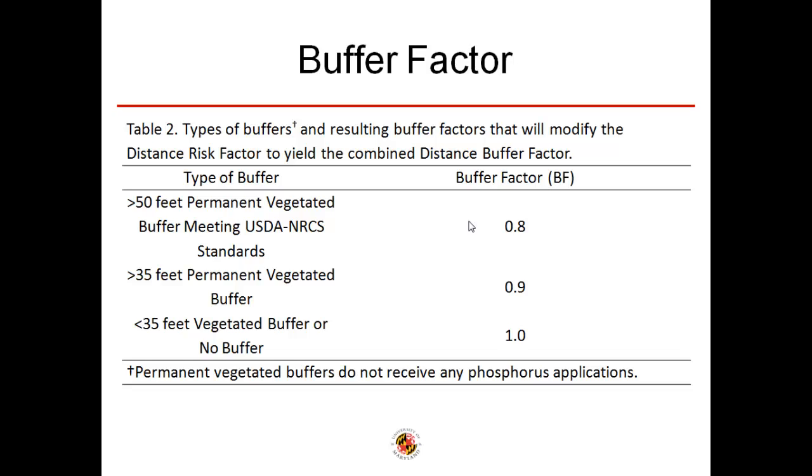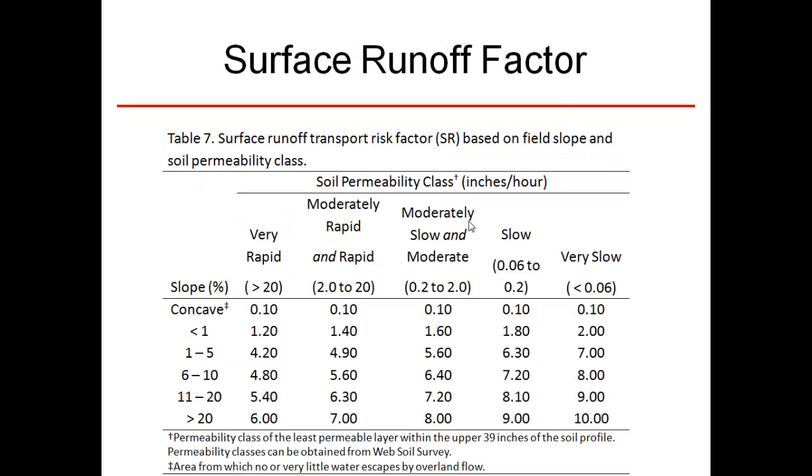The buffer factor, which is combined with the distance factor: a 50-foot vegetated NRCS buffer reduces your score by 20%. A greater than 35-foot permanent vegetated buffer reduces your score by 10%. If you have less than a 35-foot buffer, you don't get any reduction in your score, but it's a good thing. The surface runoff factor then is the same as the old one with slope by permeability class.